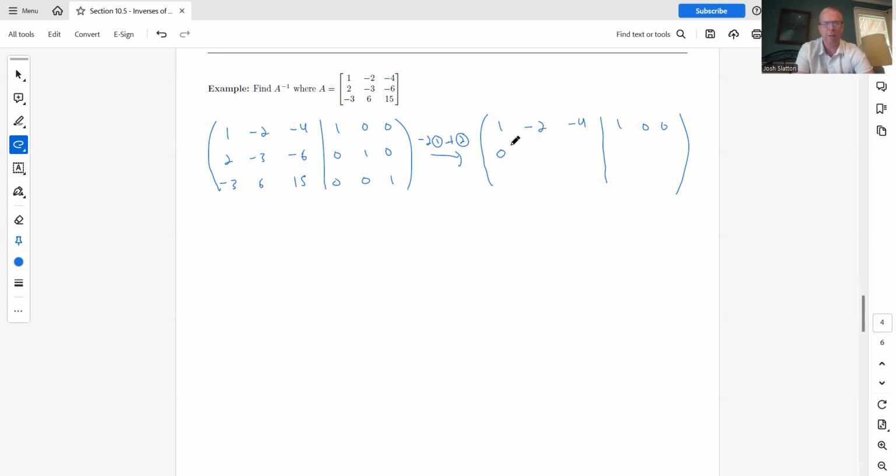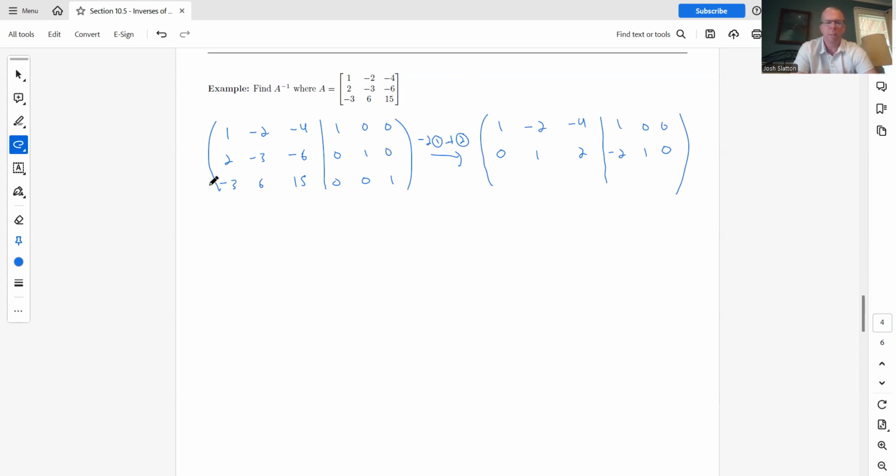So -2 times -2 minus 3 gives 1. -2 times -4 minus 6 gives 2. And then -2 times 1 plus 0 would be -2. -2 times 0 plus 1 would give a 1. And then this one will be a 0 since that's all we're working with on these two numbers.